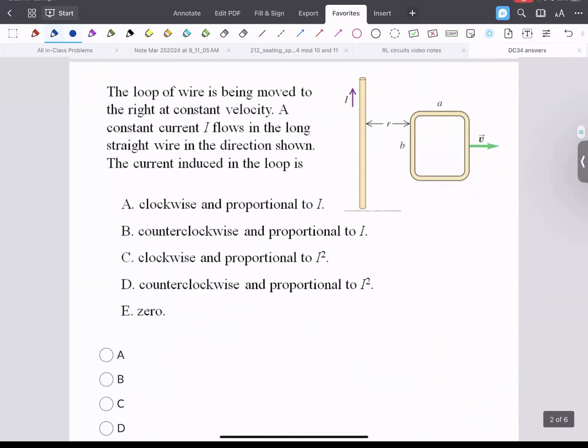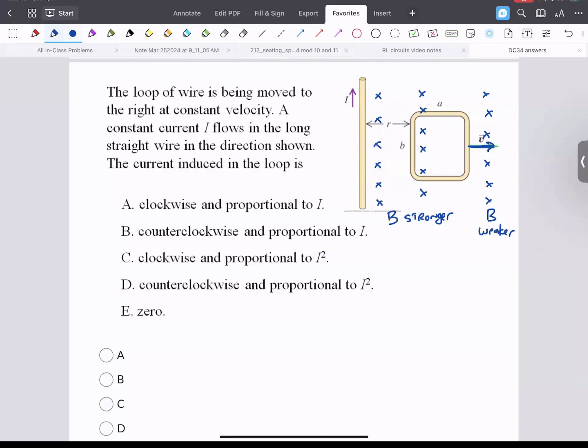For question 2, we now have the loop being moved the other way. The current's also slightly differently oriented, but if you use your right-hand rule, you should be able to show the magnetic field is still into the page in the area of the loop. Think about the case that the magnetic field closer to the wire is going to be stronger, and further from the wire, the magnetic field will be weaker.